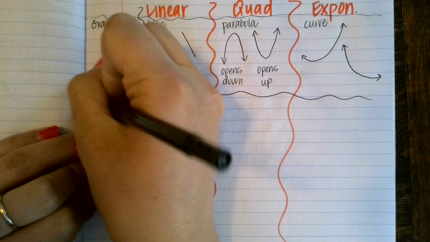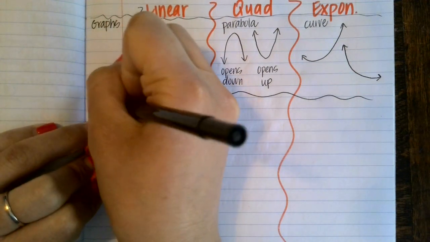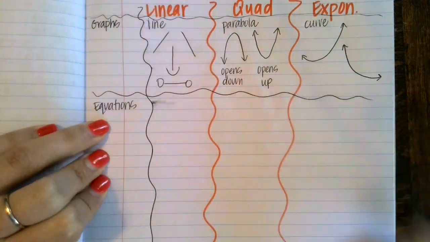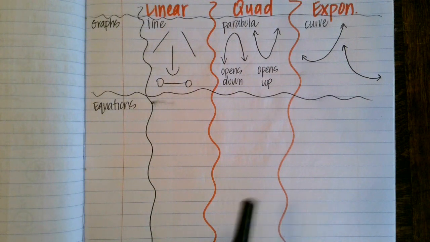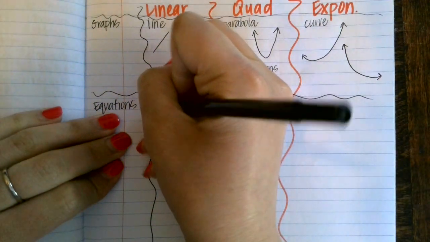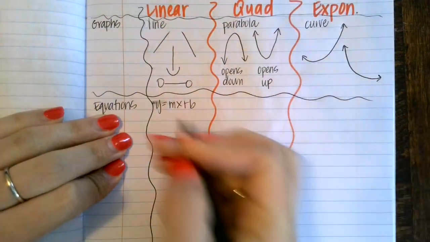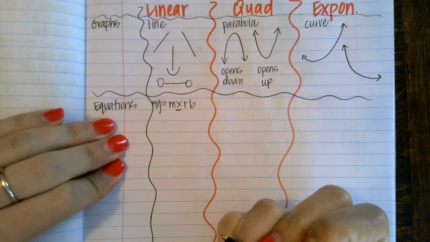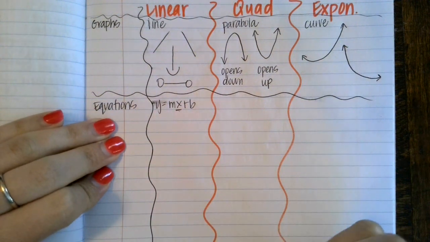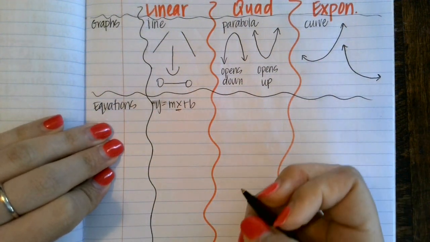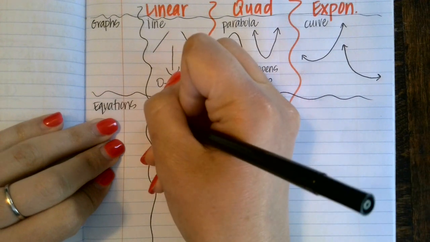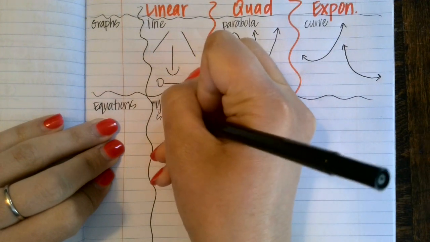Let's differentiate based off of seeing their equations. Linear equations would be y equals mx plus b. A singular x without an exponent or a squared is going to give you a linear equation. This is slope-intercept.